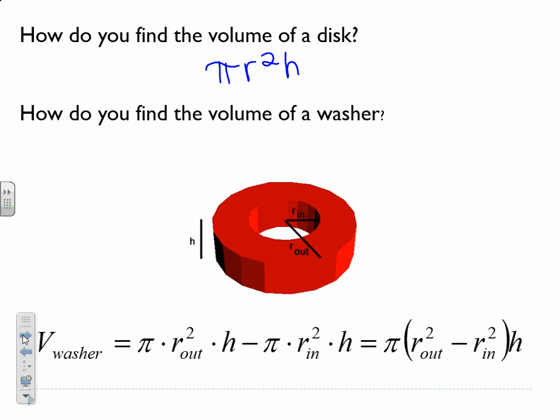And so I can write that as pi times the quantity R squared minus r squared, times h, because the heights have to be the same, right? Okay. So now we're going to think of this in terms of infinitely thin rectangles that we are rotating around to make discs. Okay.